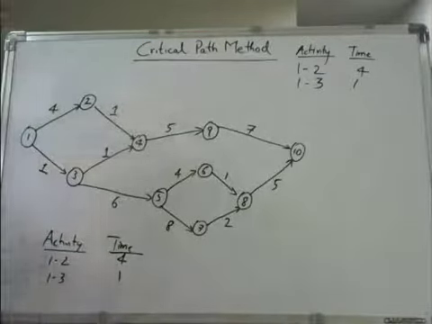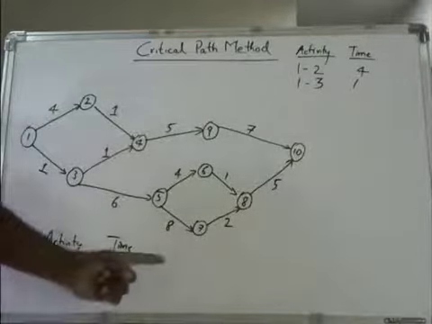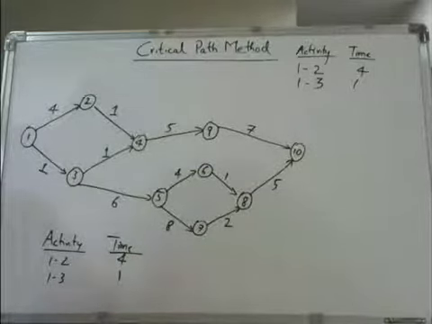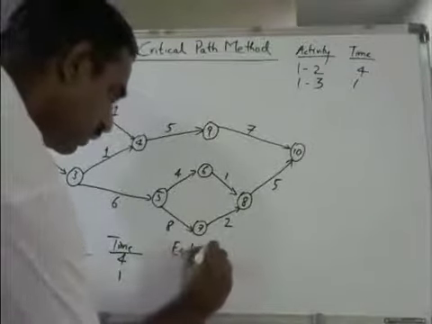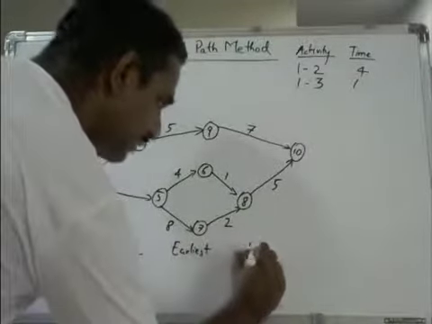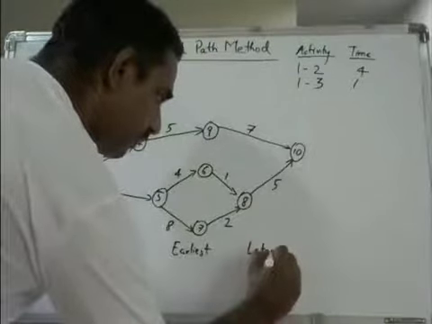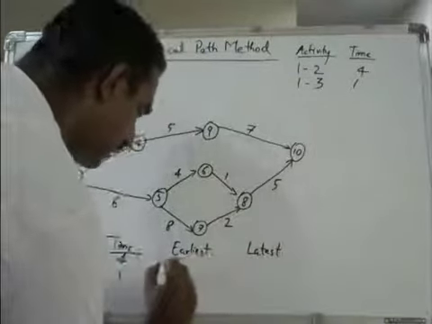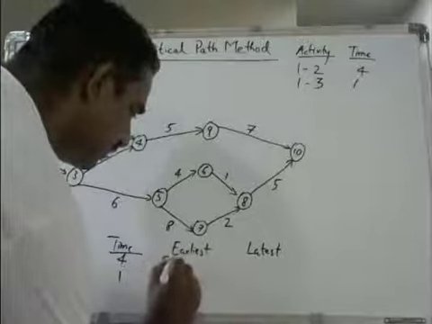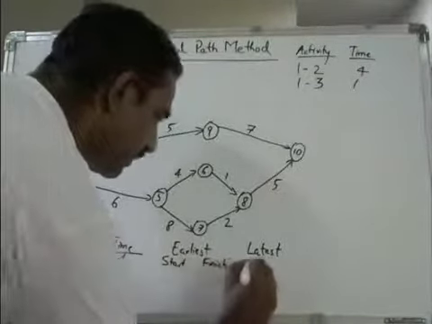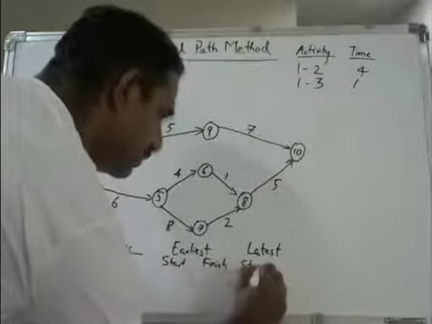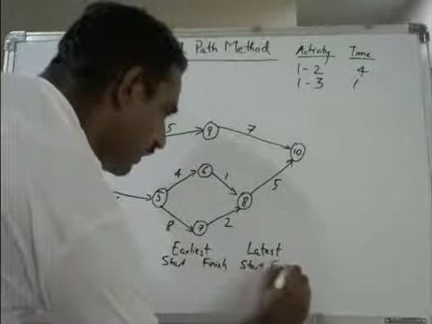Then the next columns in the table will be earliest start, earliest finish, latest start, latest finish.